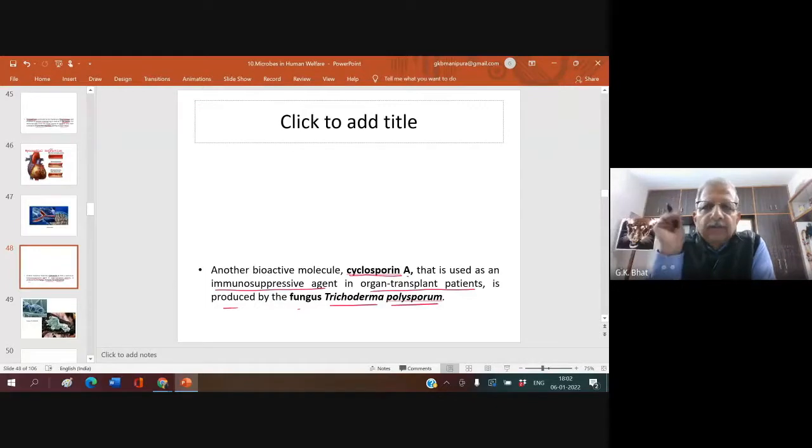So in order to avoid this organ transplant rejection by the patient's body, the patient is always administered what is called cyclosporine A. The moment cyclosporine A is injected or administered into the patient's body, his immune system gets suppressed. Once the immune system is suppressed, there is no question of rejection. I hope you are understanding my point.